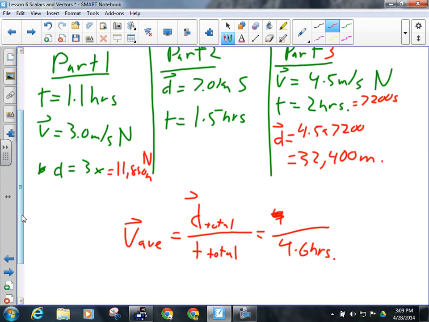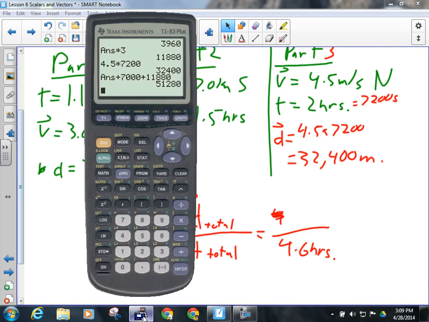Now I also need the total displacement. Does direction matter for total displacement? Yes. So I have to add the norths and subtract the souths. So I'll have 11,880 plus the 32,400, because those are both north, minus the south, 7,000. So my total displacement is 37.280 kilometers.